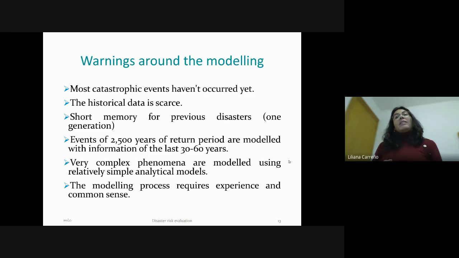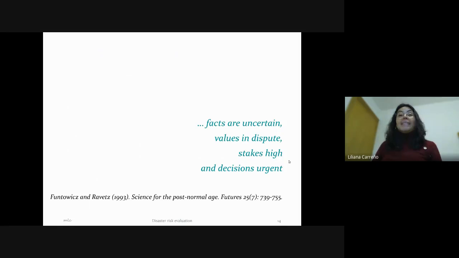So this probabilistic modeling process requires experience and common sense. With these warnings in mind, I would like to share with you this remark: facts are uncertain, values in dispute, stakes high, and decisions urgent.